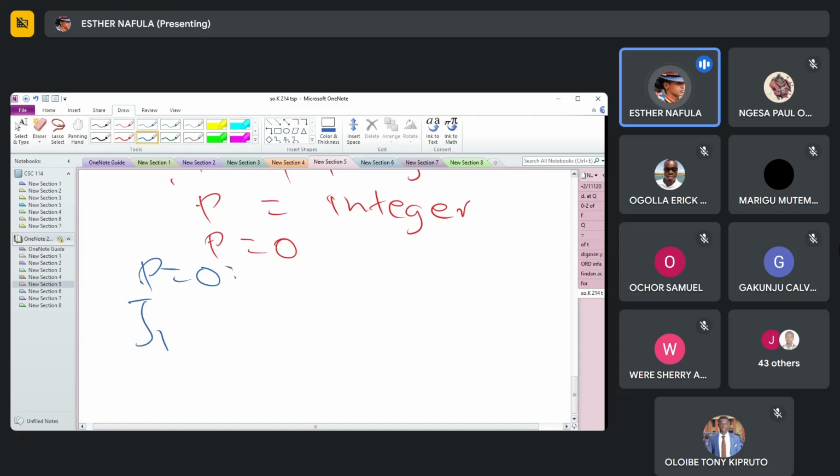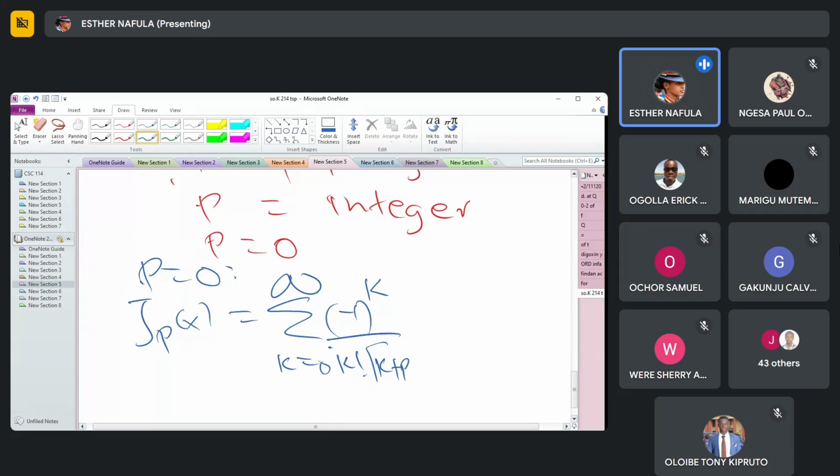We have that J_p of x is given as the summation from k is 0 to infinity of (-1)^k divided by k factorial gamma of k plus p plus 1, times (x/2) raised to 2k plus p.